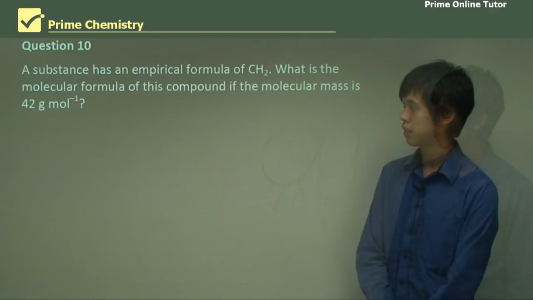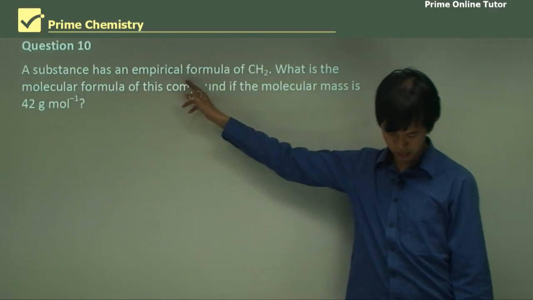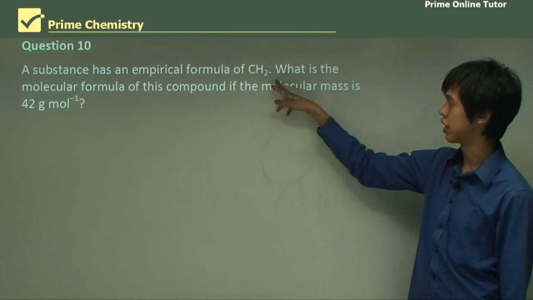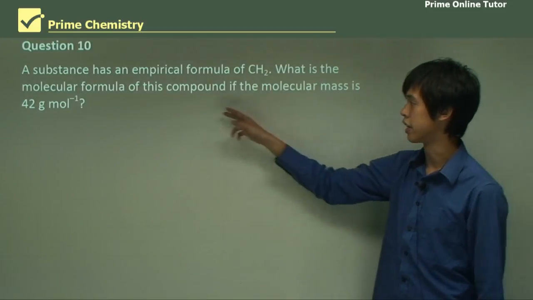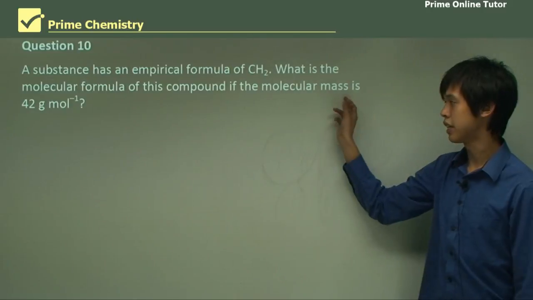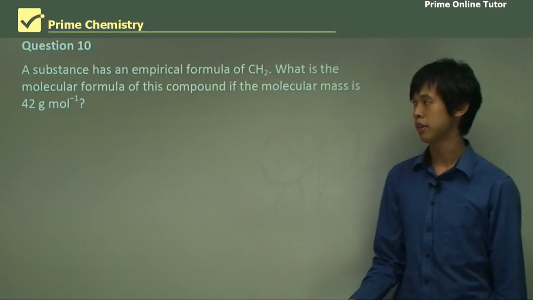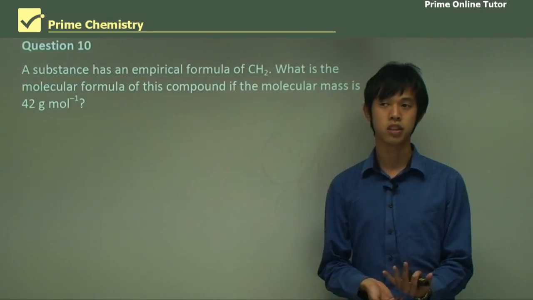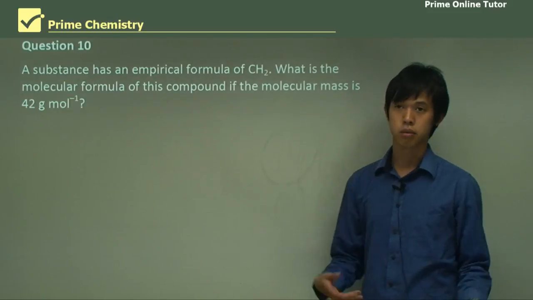Question 10. A substance has an empirical formula of CH2. What is the molecular formula of this compound, if the molecular mass is 42 grams per mole? We now have all of the information that we need to work out the molecular formula.